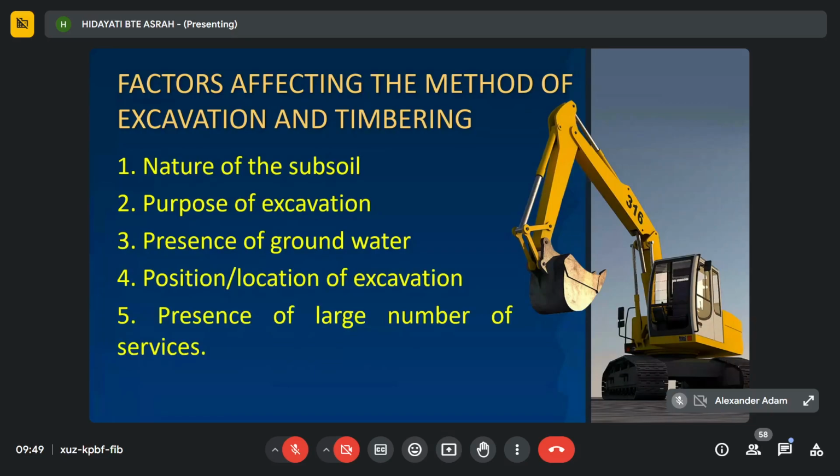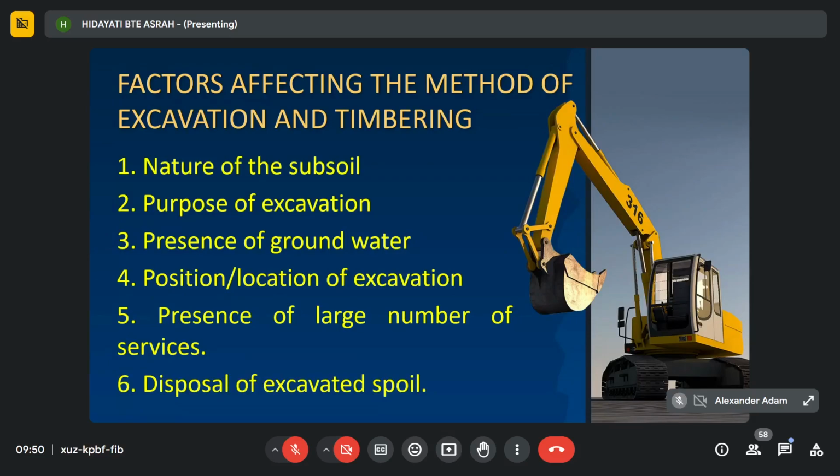If there is a large number of services underground, it is actually difficult for you to excavate the soil using machinery. Okay, and number 6, disposal of excavated spoil. This one also may restrict the choice of your machinery or plant used for the excavation of trenches. Okay, so there are other factors.